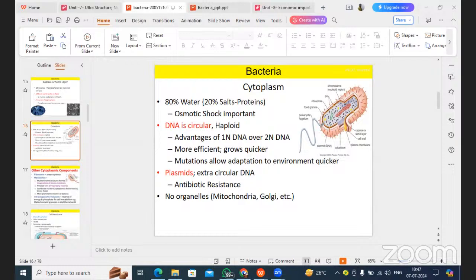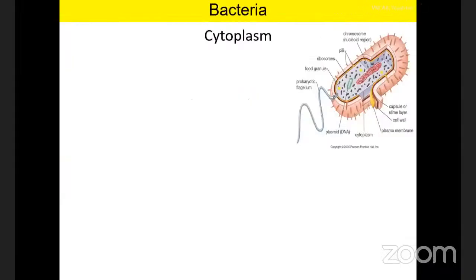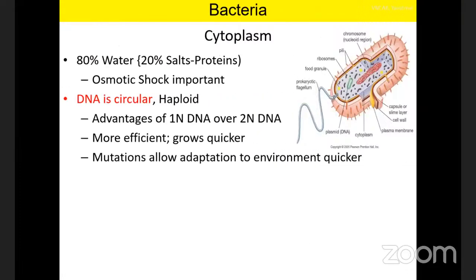In the cytoplasm, 80% is water, and 20% is salts and proteins. DNA is circular and haploid. Only a single circular DNA is present.